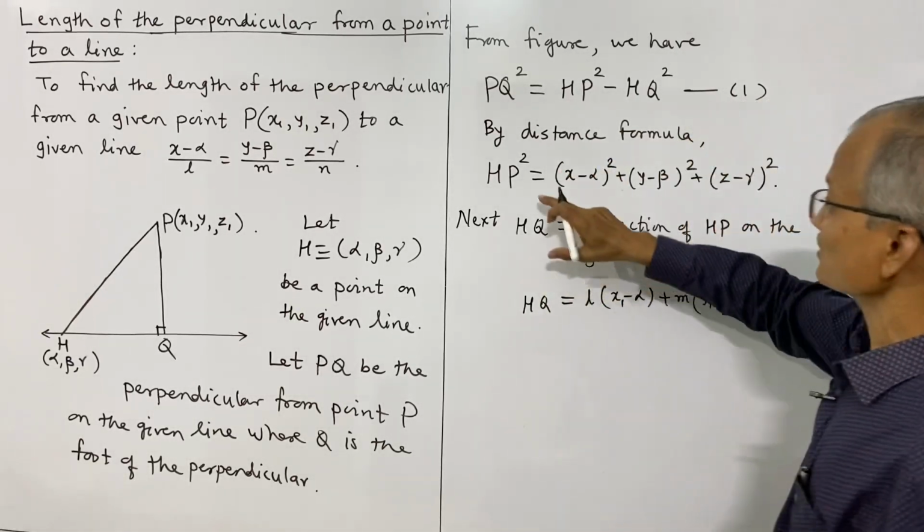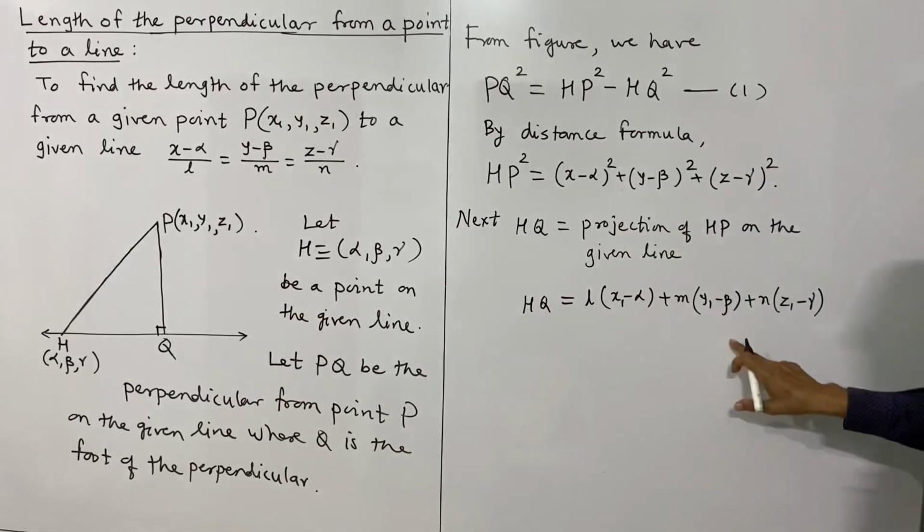Now we can use this HP square and HQ square in relation 1.